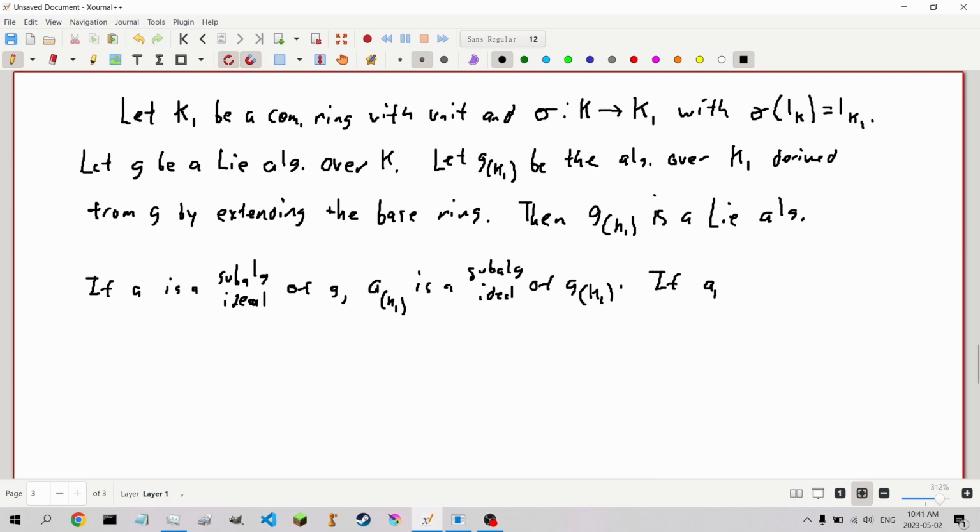If A and B are submodules of G, then the image of their bracket is the bracket of their images.